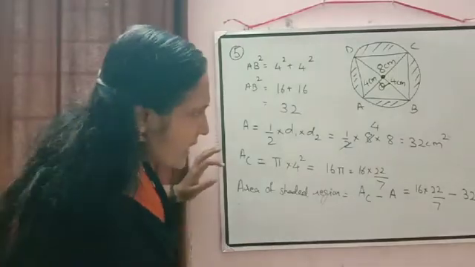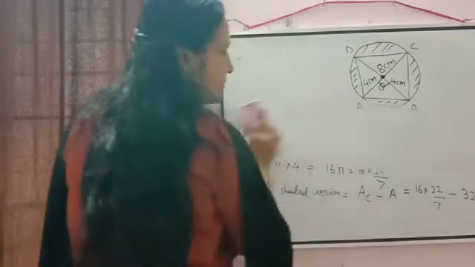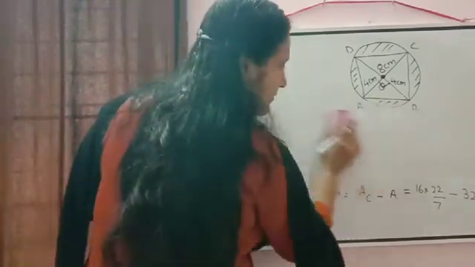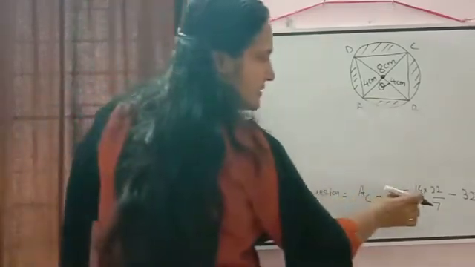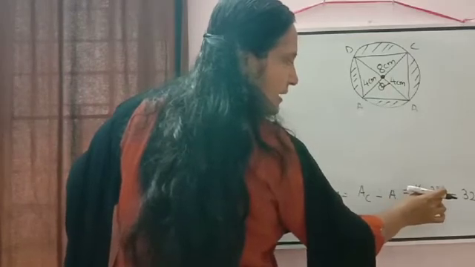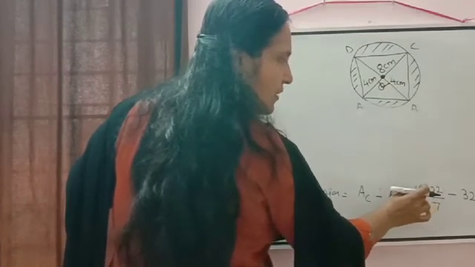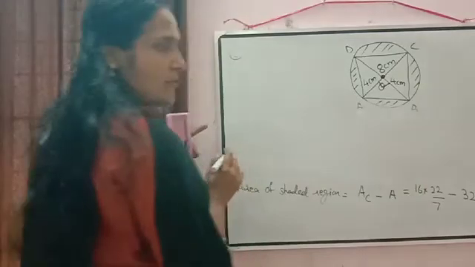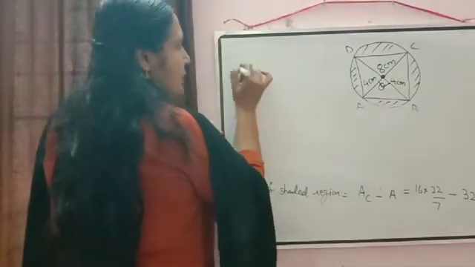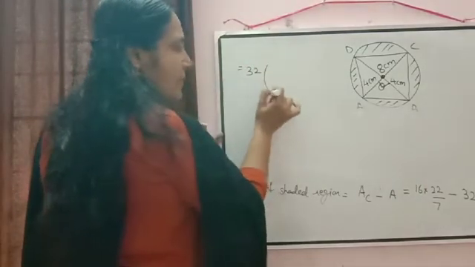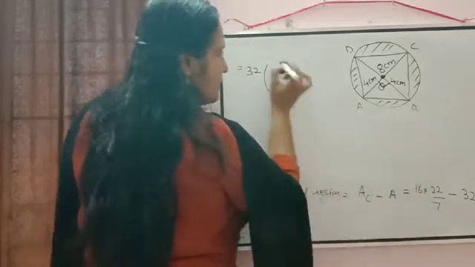Now calculation will be easy when you will take the common factors outside. So just to check any common factor is there. Yes, 16 is there. And I think if we will take 2 from here, then 16 2s will be equal to 32. Then what we can do? We can take 32 common.